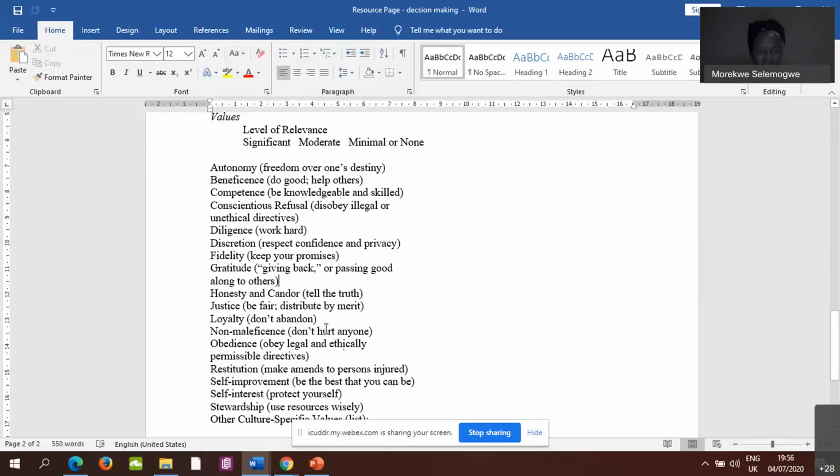Is there any other value that you see applicable in this scenario? Yes, justice and non-maleficence. Justice, being fair, distributing by merit.